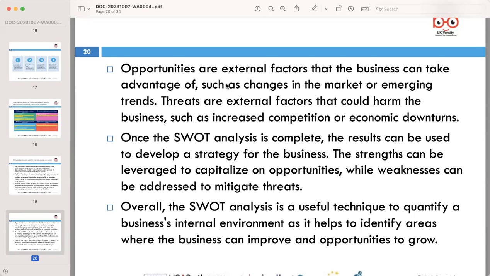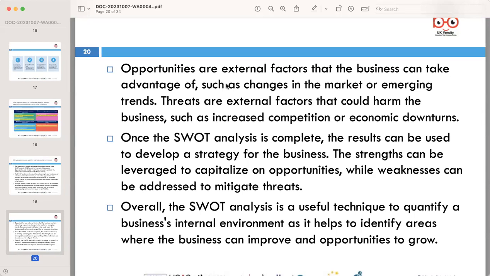Overall, the SWOT analysis is a useful technique to quantify a business internal environment, as it helps to identify areas where the business can improve and opportunities to grow. So in SWOT analysis, strengths represent the internal positive attributes of a business.